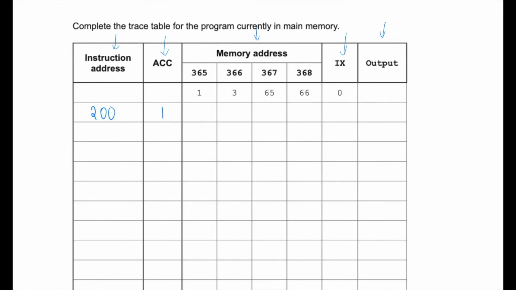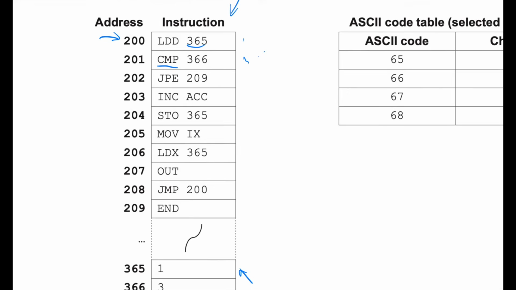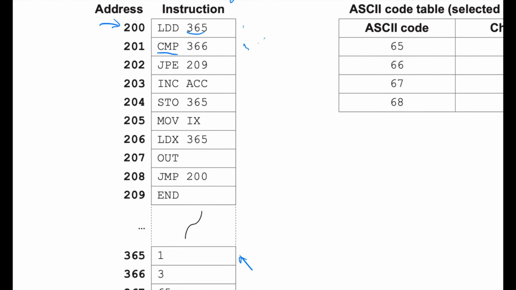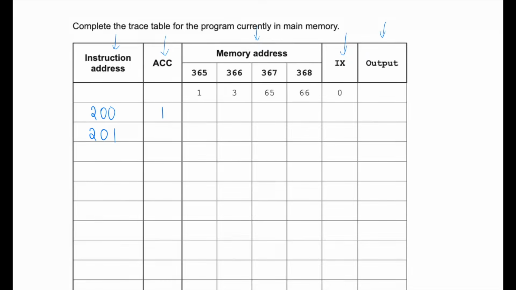So next, we're going to deal with instruction address 201. Now, at instruction address 201, we're comparing whatever is at 366 with whatever is in the accumulator. That's CMP. So if you go to location 366, we get 3. So we're going to compare 3 to whatever is in the accumulator, which is 1.